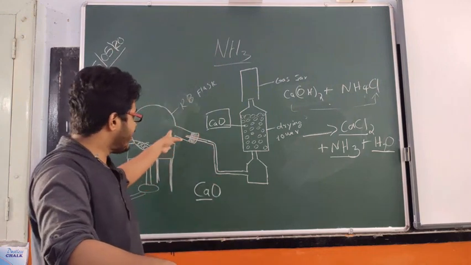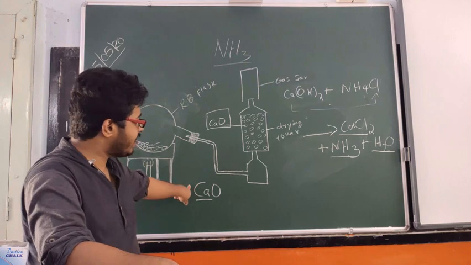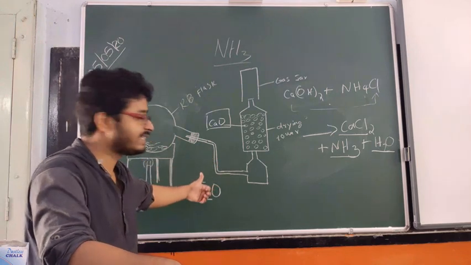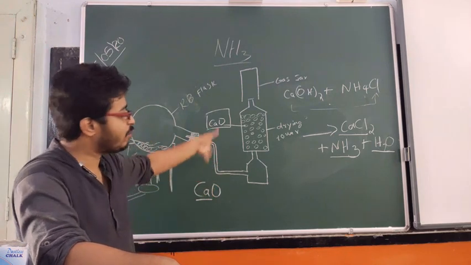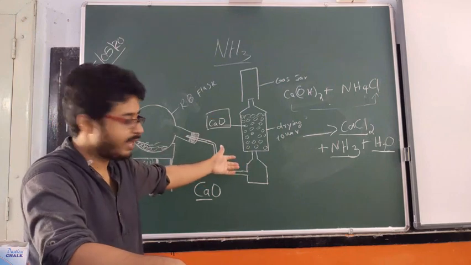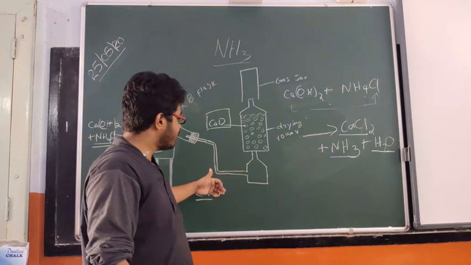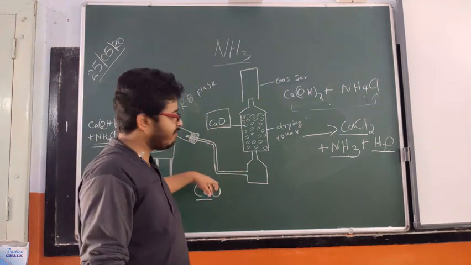Since both ammonia and calcium oxide are basic in nature, they won't react with each other. Because ammonia has a basic nature, calcium oxide won't react with ammonia.